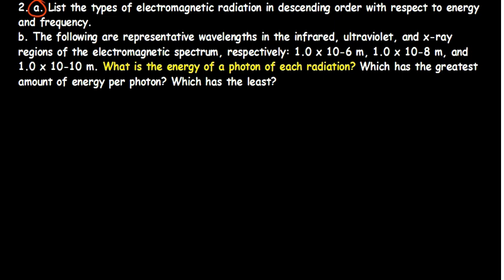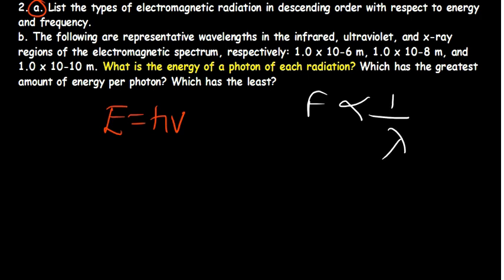I need to mention the formula that is going to be very useful under the study of atomic structure. One of them is this one, which is of course Planck's. And then the other thing that you should know by now is that the v in this formula is representing frequency, and frequency is inversely proportional to the wavelength, which means that if the frequency is higher, the wavelength is lower.